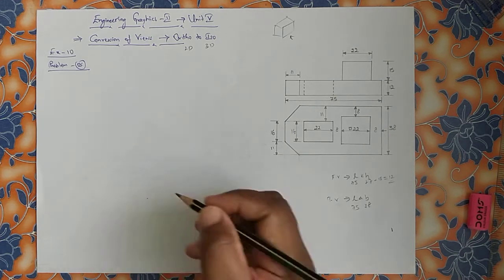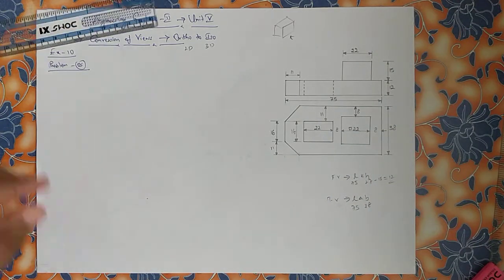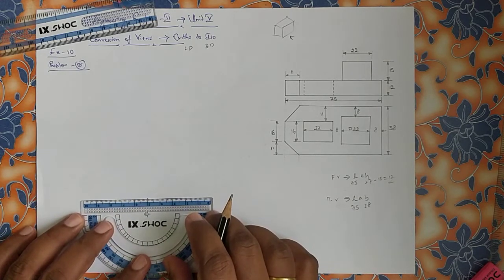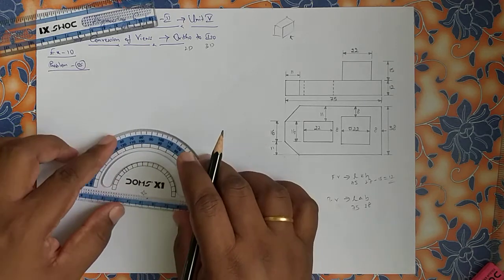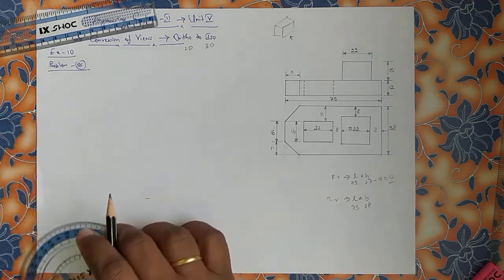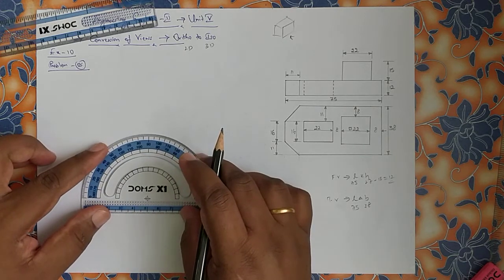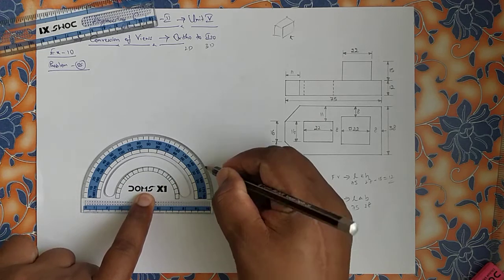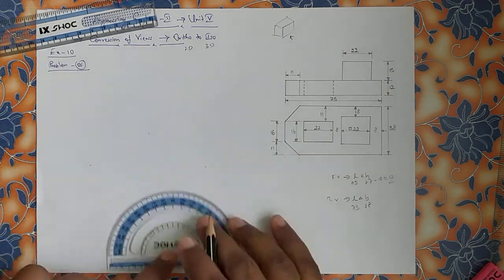So try to pick a point with the help of protractor as usual. Draw a small reference line. Keep it aligned for protractor. 30, 90, 30.